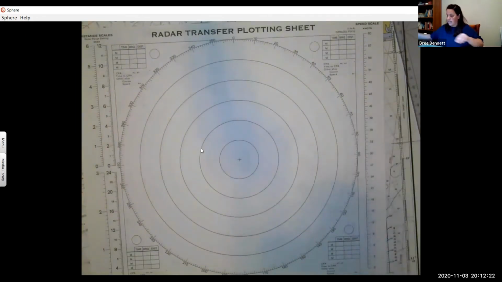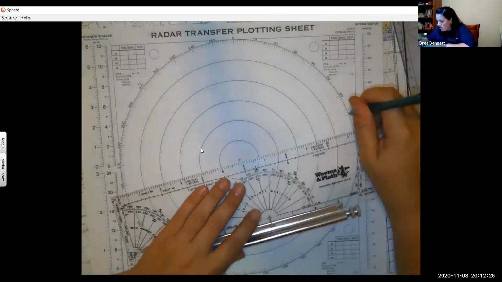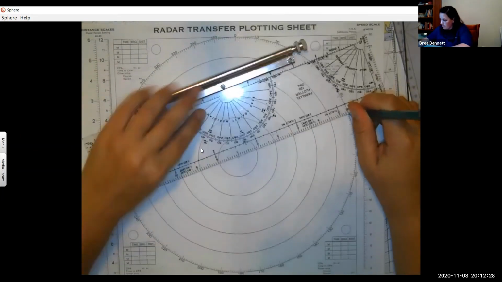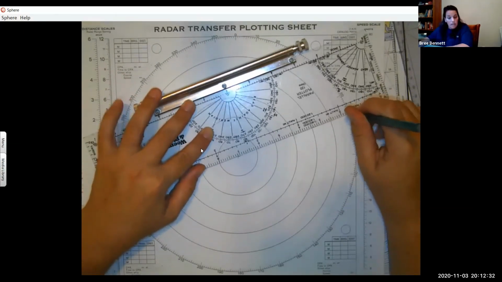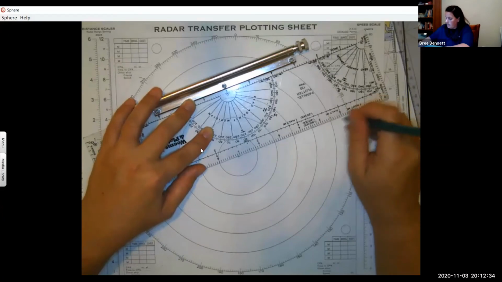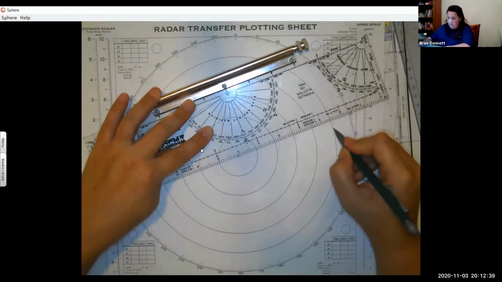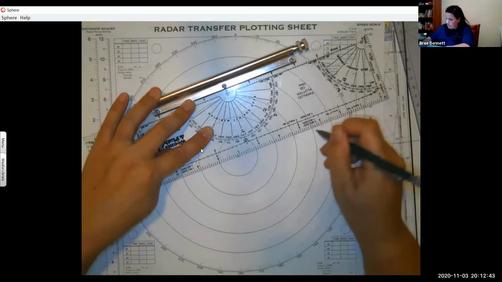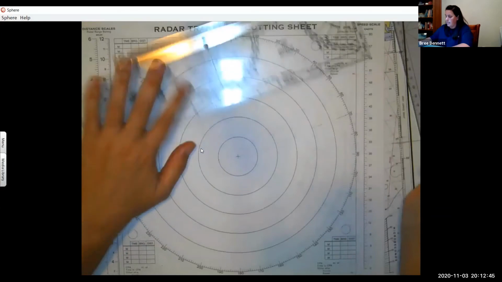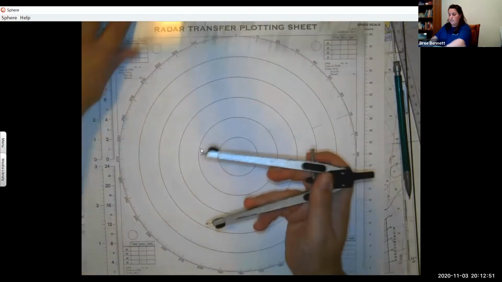So let's plot it. 070. And it was at 11 miles, so in between the 12 and the 10. And then it was at 8.5, something like that. I'll get my dividers out.